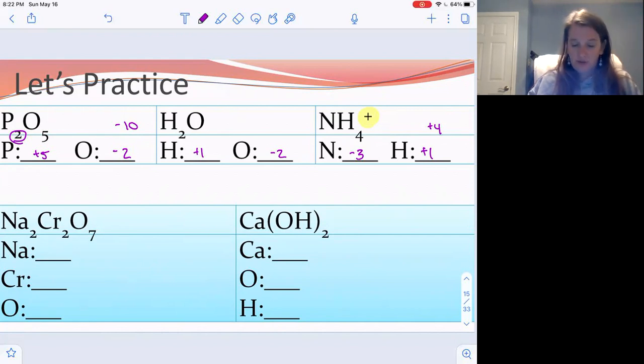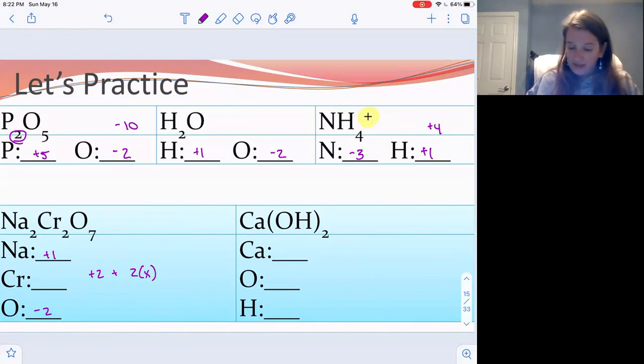So I've got sodium dichromate down here. I know that sodium is always going to be +1. I know my oxygen is always going to be -2. So I've got +2 total for my sodiums, plus 2 times something for the oxidation number of my chromium.